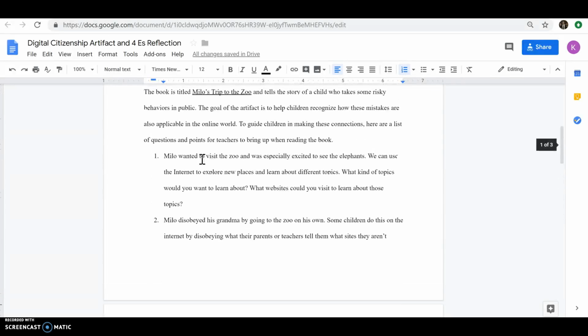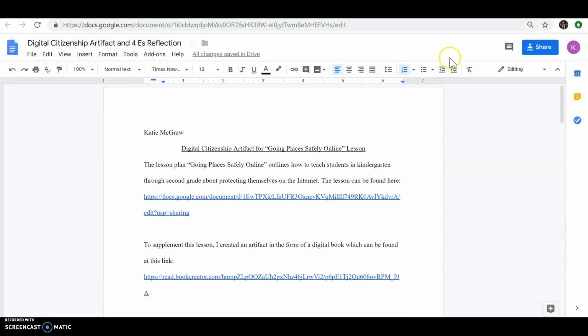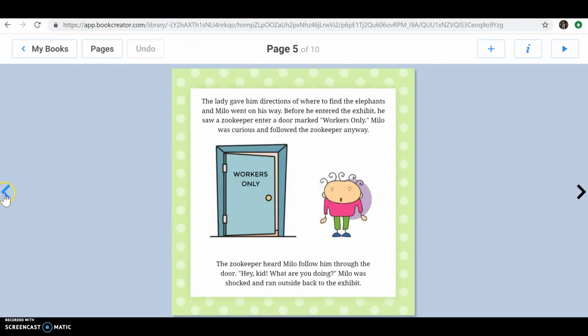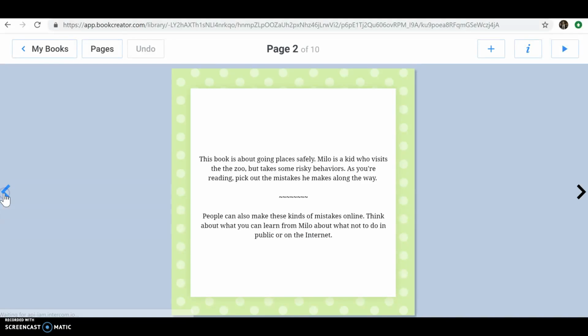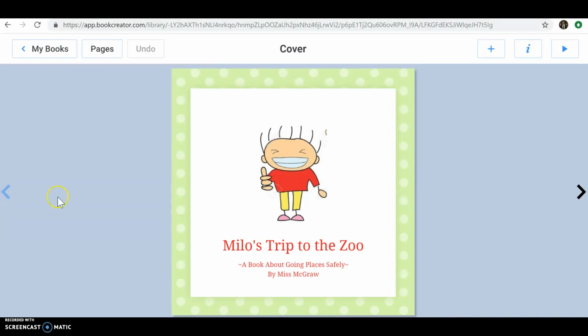And basically, my idea of how this book would be used would be after the teacher or educator had brought up the idea of being safe online and how that can apply to how we are safe in public. Then the instructor would read this story either aloud to the class, or since it is online, students could read it on their own, depending on the ability of the students.